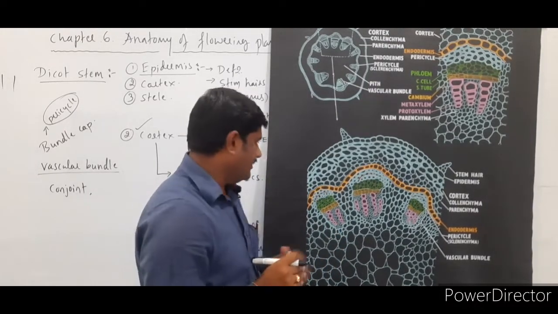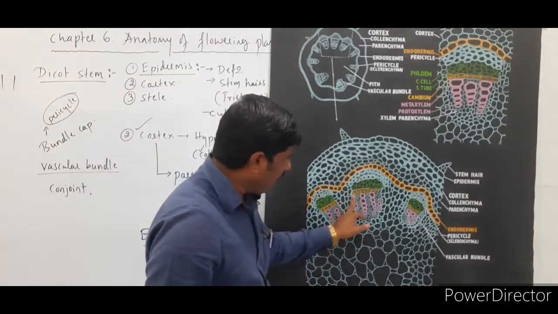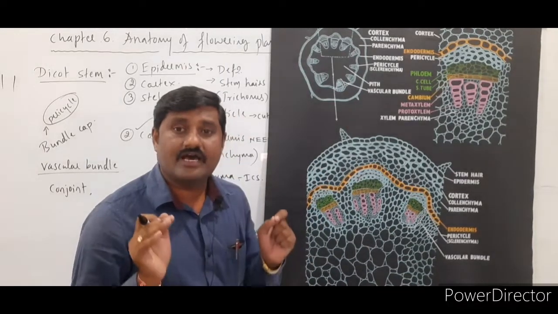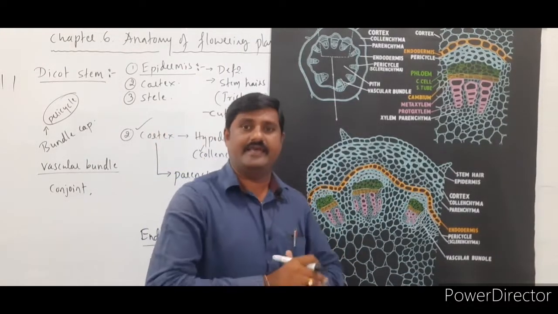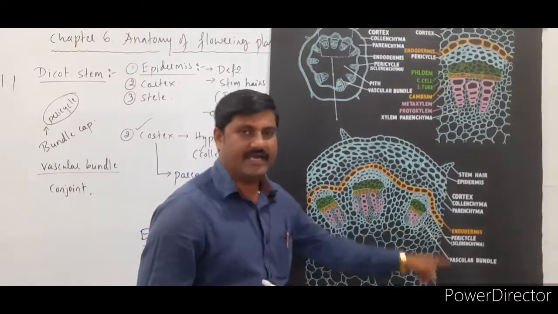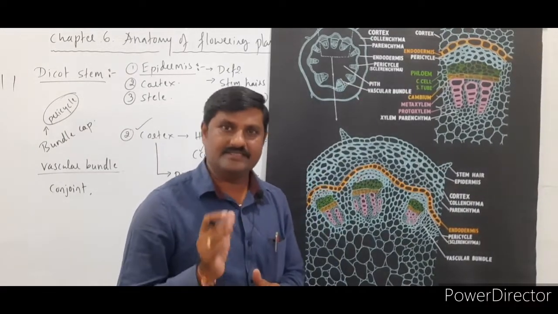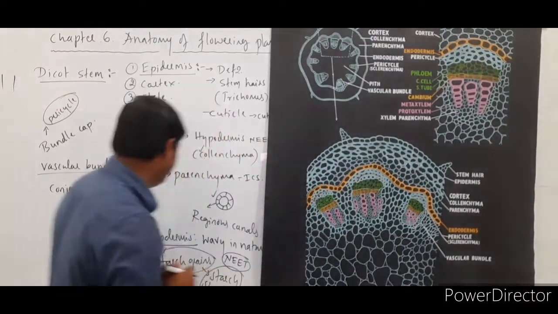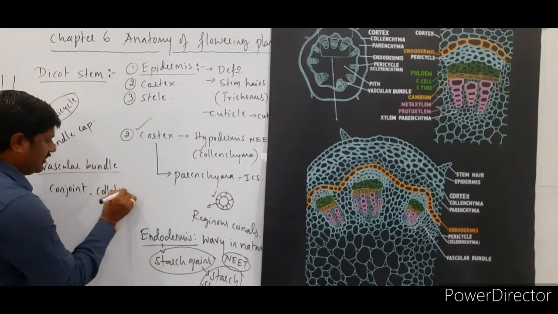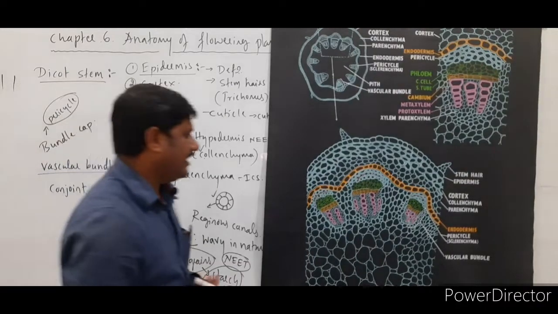And how are the vascular bundles arranged here? All the vascular bundles are arranged circularly, all lying on the same radii. Hence they are called collateral. Conjoint, collateral, right?